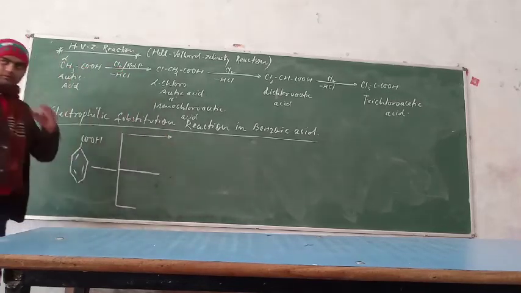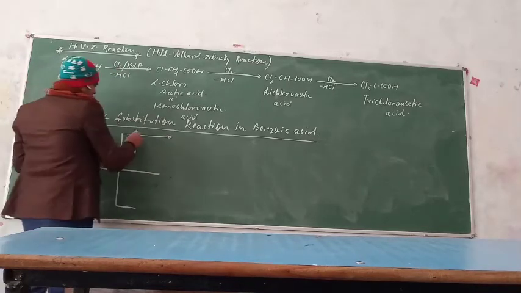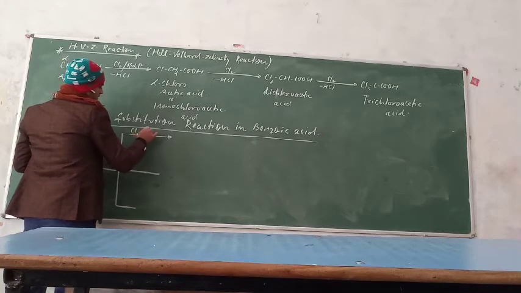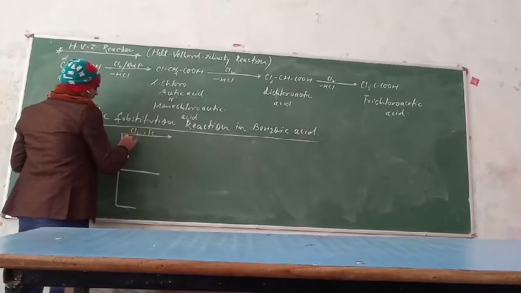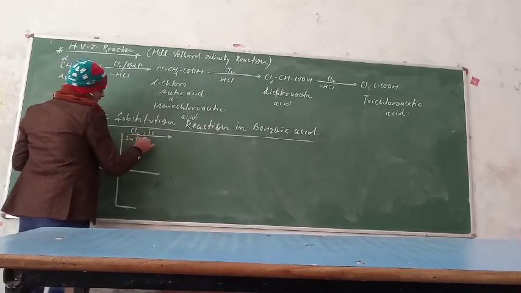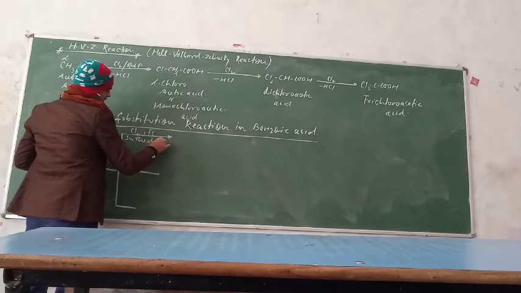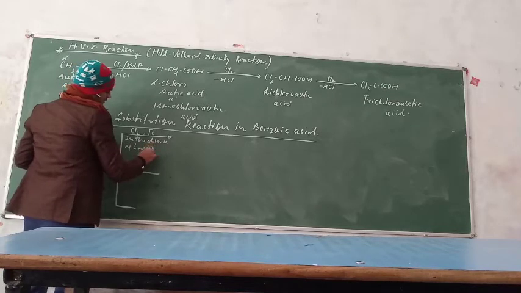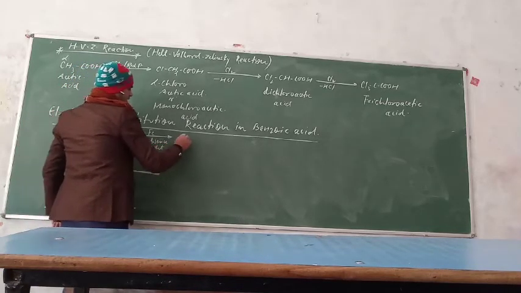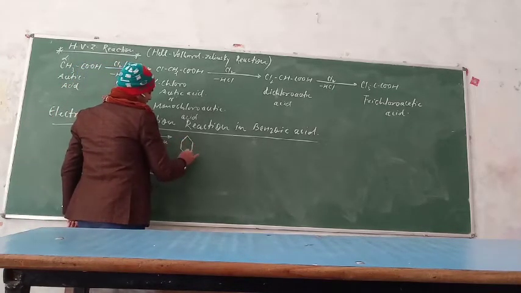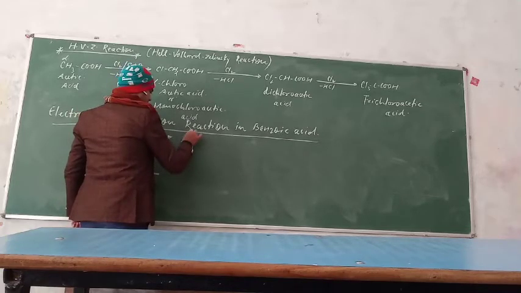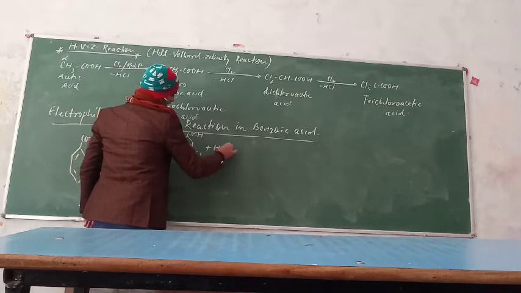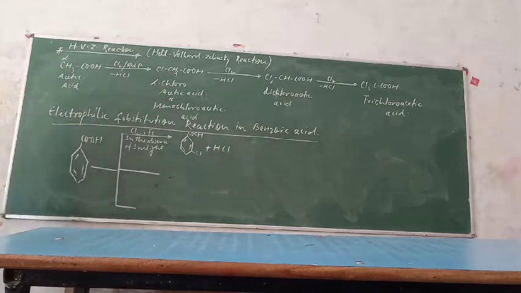Clear? When the benzoic acid is treated with the chlorine in the presence of iron and in the absence of sunlight, we get the metachlorobenzoic acid, and HCl will be the side product.